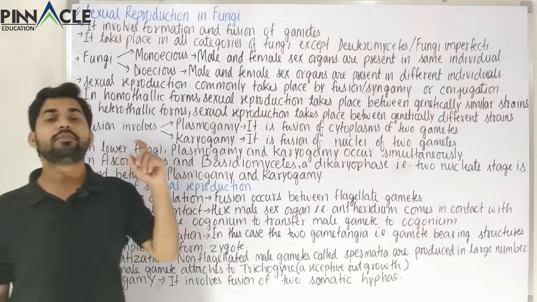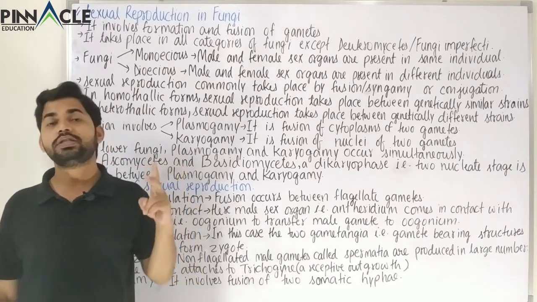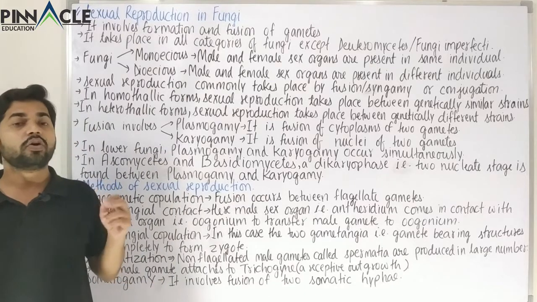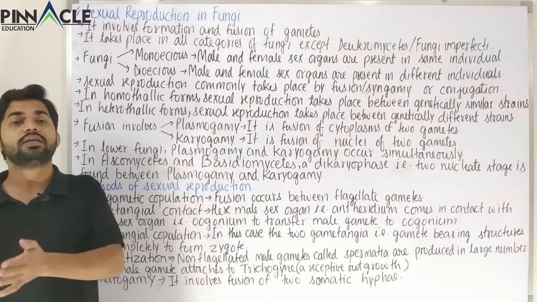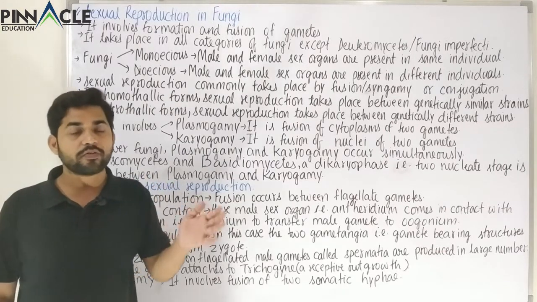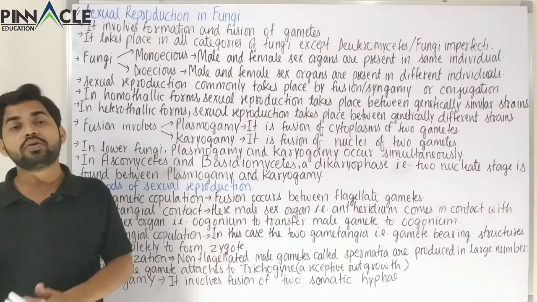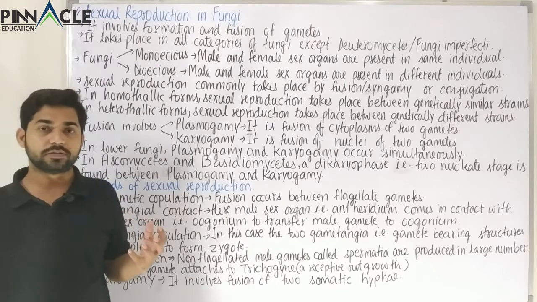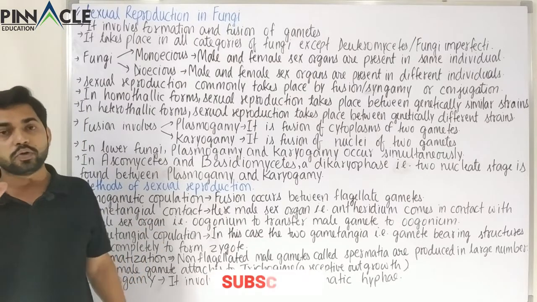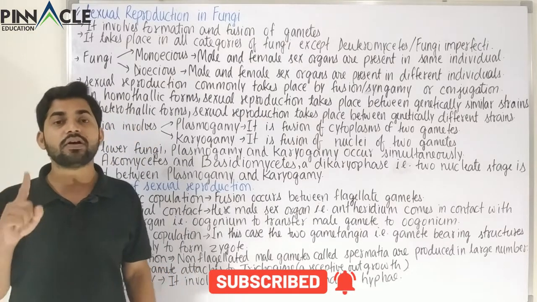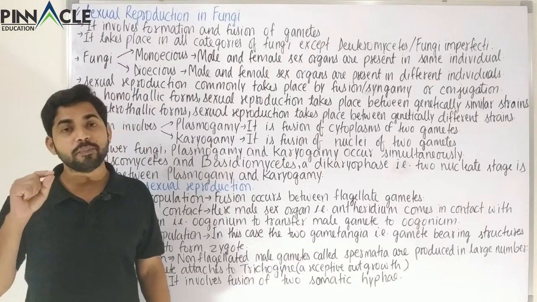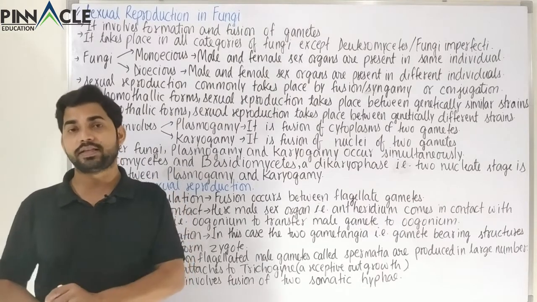Now we have to study two terms, and that is monoecious and dioecious. It's not that only fungi are monoecious or dioecious. Every species or various other categories of organisms are also monoecious or dioecious. So monoecious means that one individual or one single organism will have male sex organs as well as female sex organs.